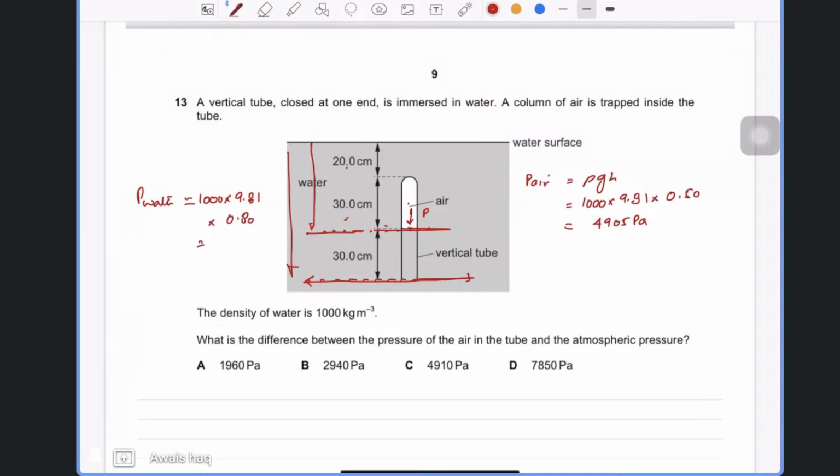Could you please answer that? So 7848. We take 0.80, we are finding pressure at this point, that's why.